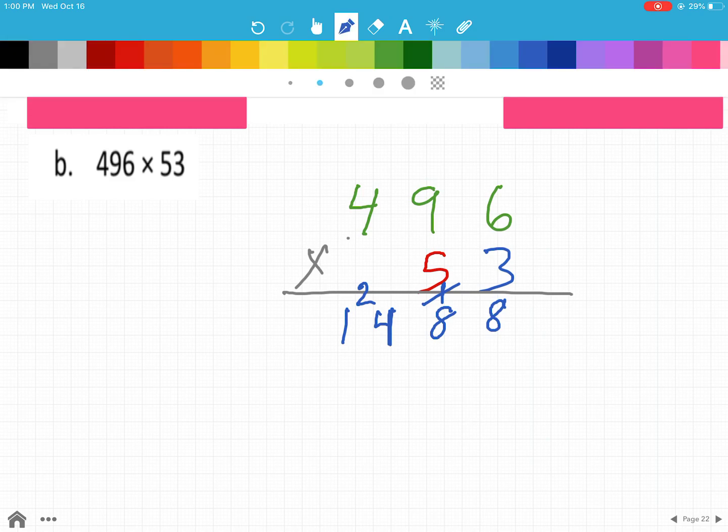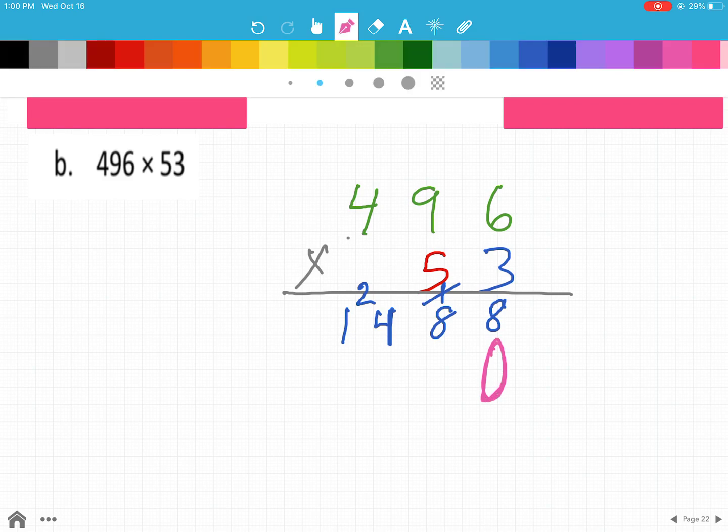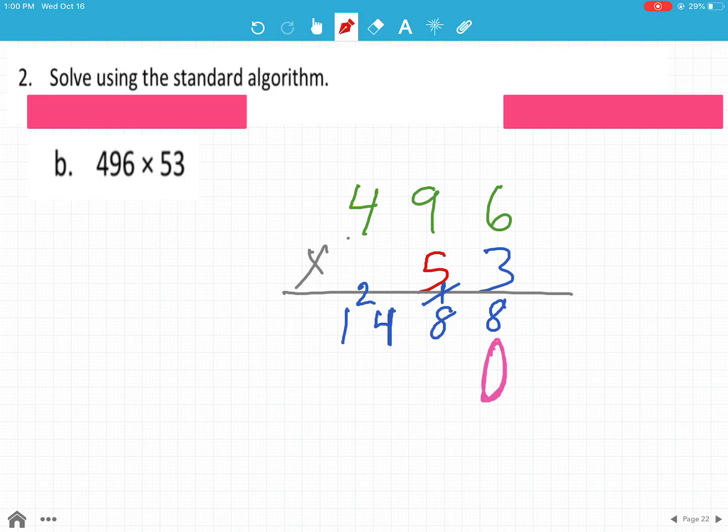Okay, and don't forget to put your 0. Always put that 0 in the ones place for the second line, because we're multiplying times 50, not really 5. So it's 50 times 6. Okay, 5 times 6 is 30, and we need a 0 there.